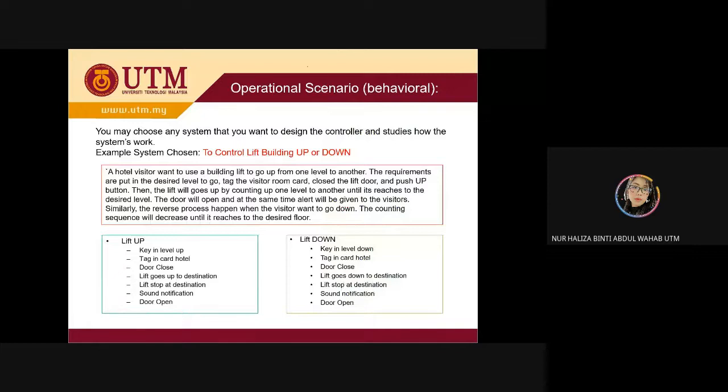Okay, example, operation scenario, which is behavior. You may choose any system that you want to design the controller for and study how the system works. Example, the controller for the lift in a building going up and down.